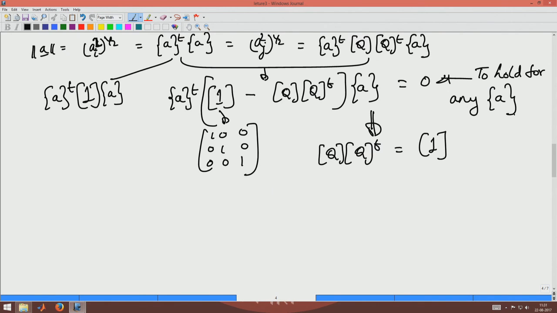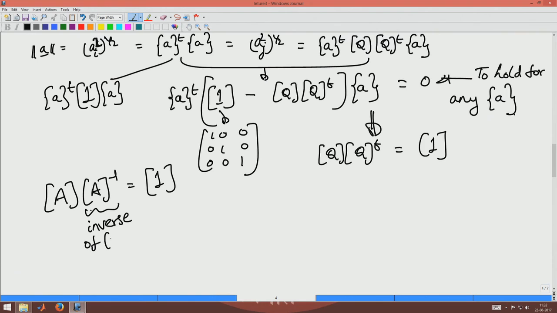Okay. What does this mean? We know that if I have A and A inverse, then this will result in an identity matrix, right. This is called the inverse of A. Okay. That will be an identity matrix, which means here Q inverse is equal to the transpose of Q. Okay.